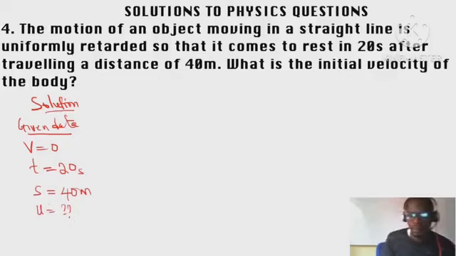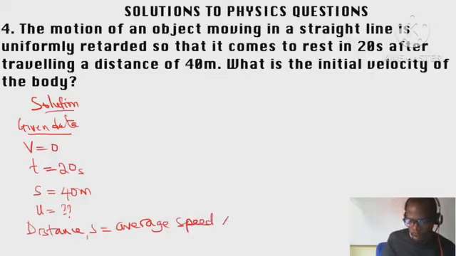Now we can apply the formula: average speed times time equals distance, or distance s equals average speed multiplied by time.